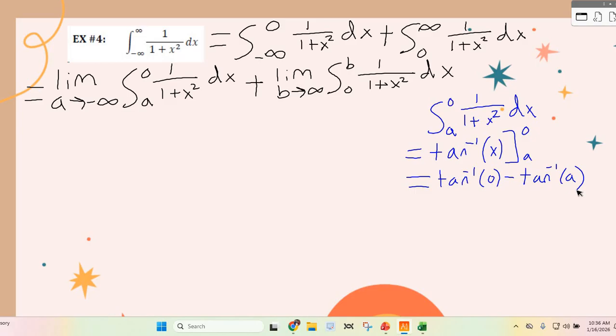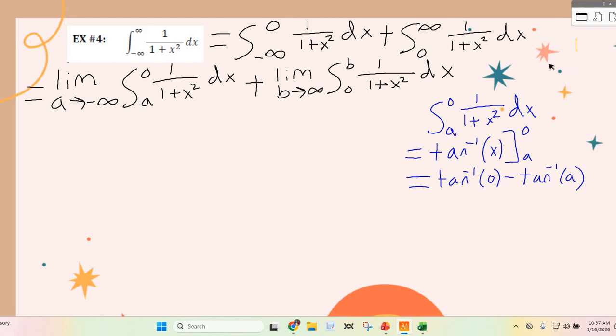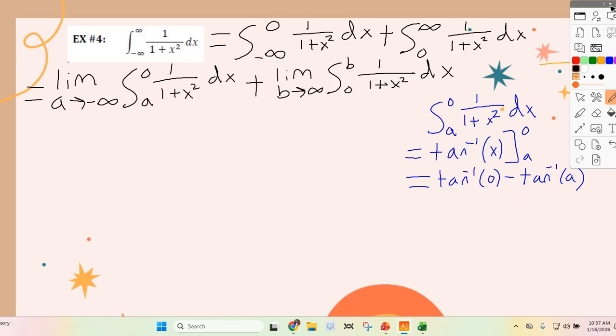So basically we're going backwards. We're saying where does tangent equal 0? 0, yeah. We can think about our unit circle. Remember that tangent is sine over cosine. So we're trying to figure out where sine is 0, which is at 0. Or, this is also going to be helpful here in a minute, we can recall what our graph of tangent looks like.